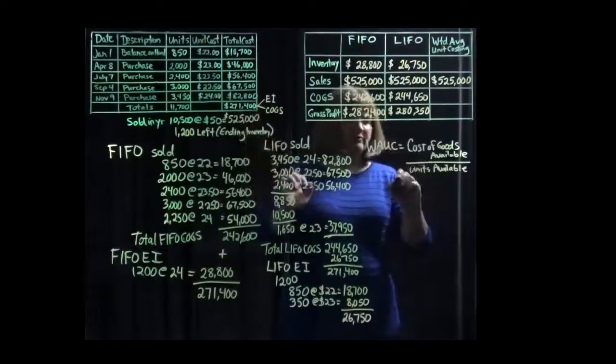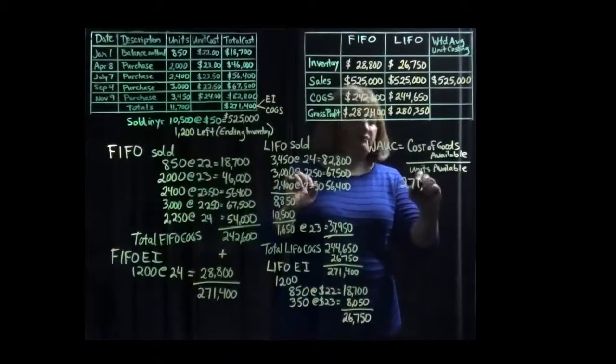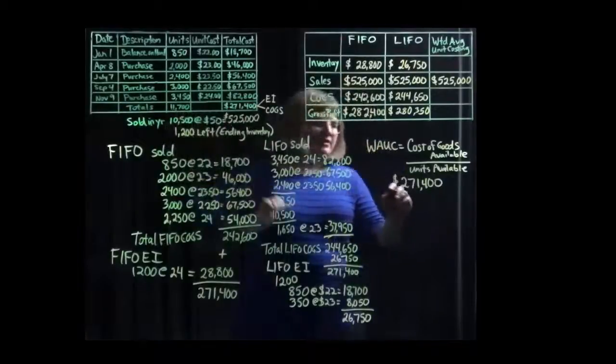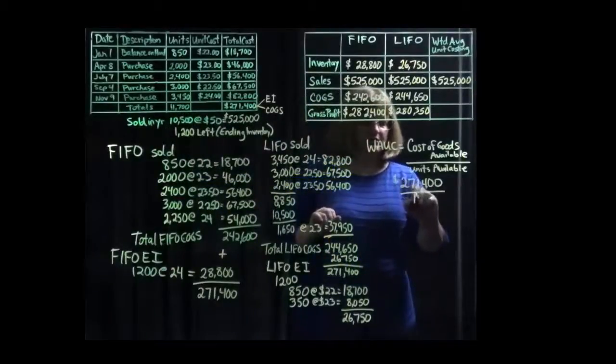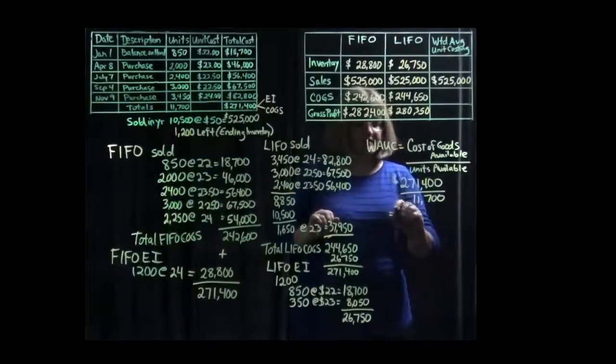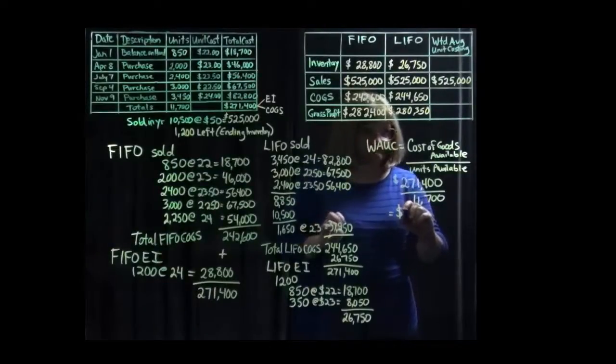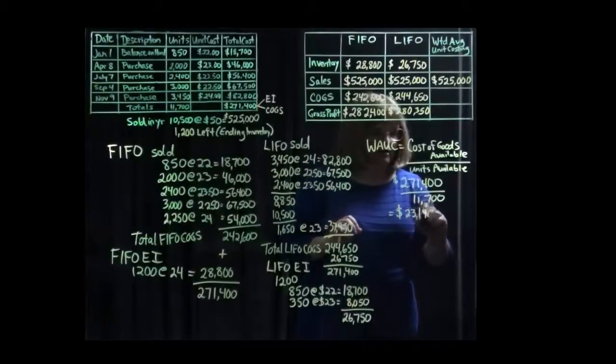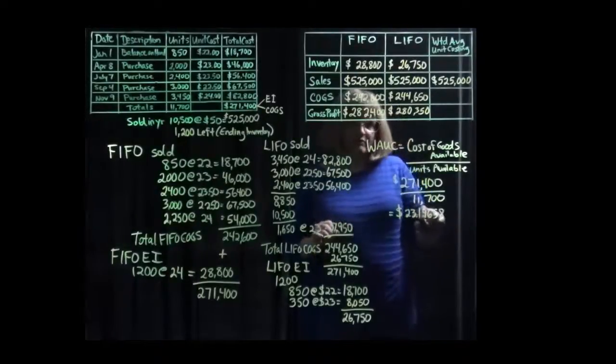And so in this case, we would take that 271,400 and we would divide that by the 11,700 units available. And that would tell us that on average, we paid $23.19658.